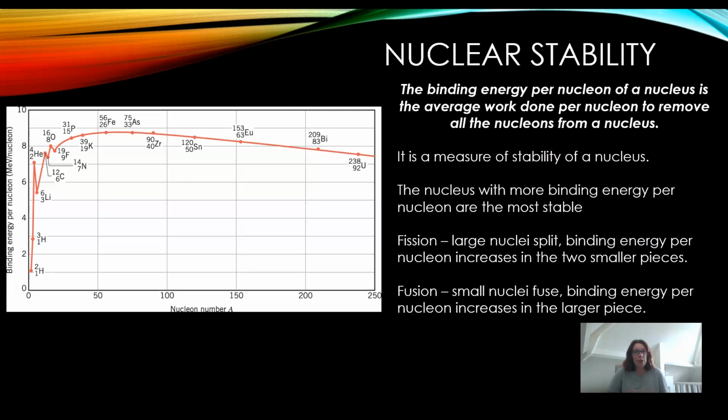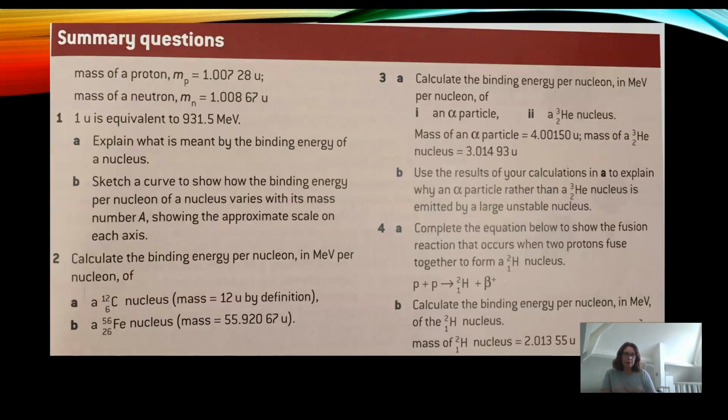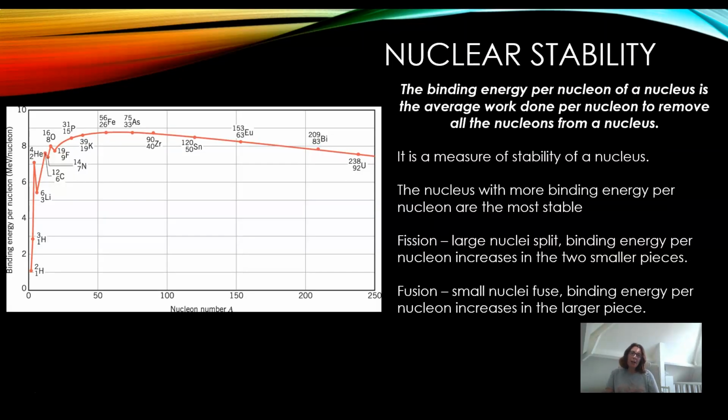So if you undergo fission, the large nuclei split, and the binding energy per nucleon increases in the two smaller pieces. In fusion, the small nuclei fuse, and the binding energy per nucleon increases in the larger piece until you get to iron.